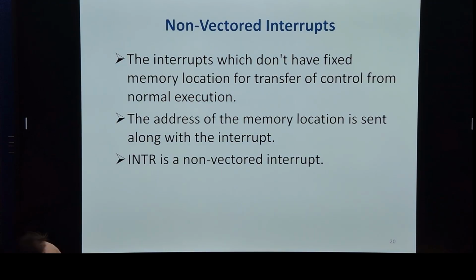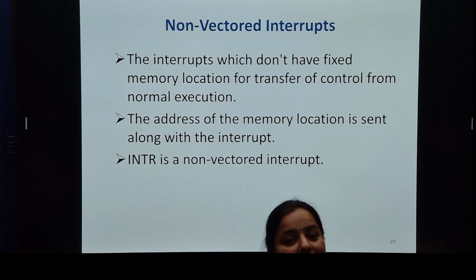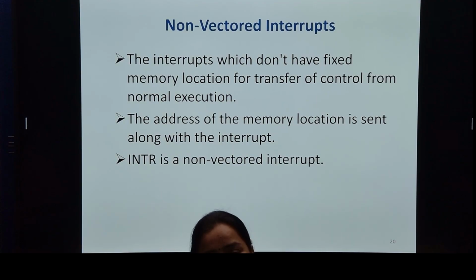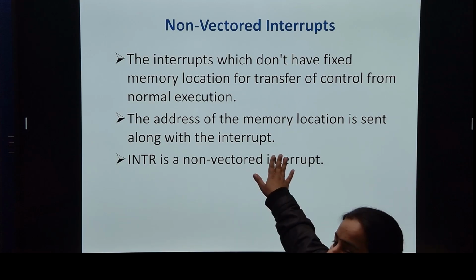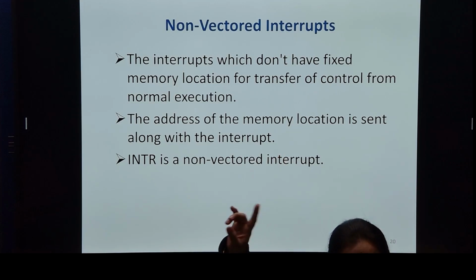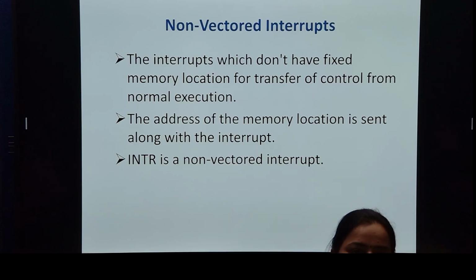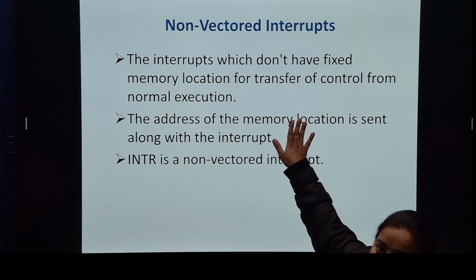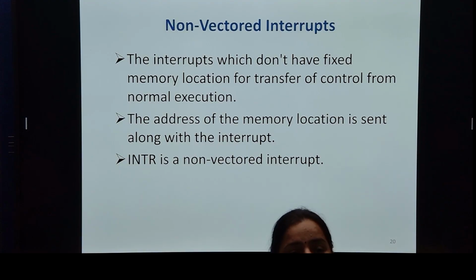Next is non-vectored interrupt. Vectored means the locations are predefined, and non-vectored means the location is not defined. Whenever an interrupt is provided through a non-vectored interrupt, the peripheral device connected with the microprocessor has to provide the location as well.